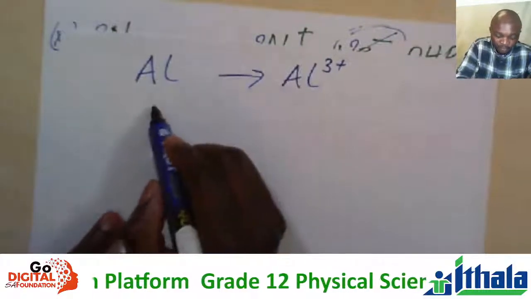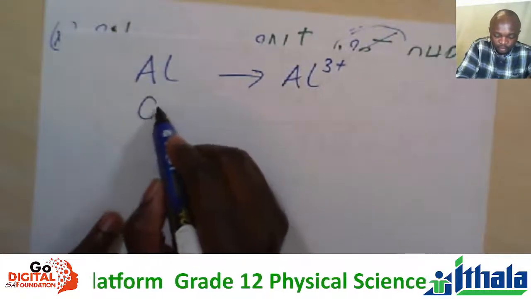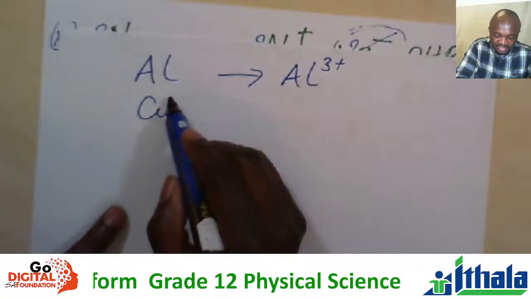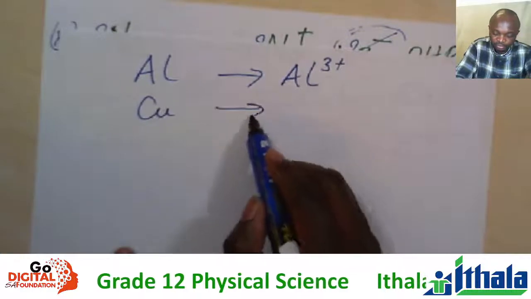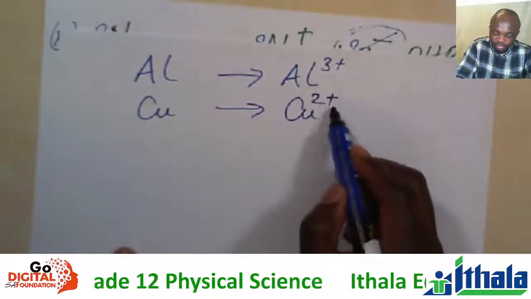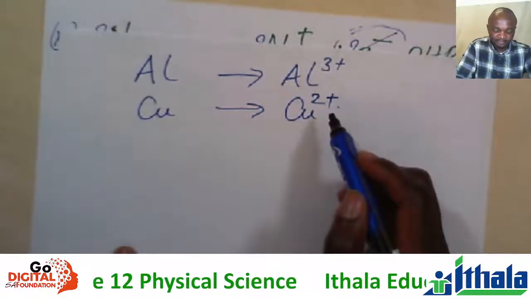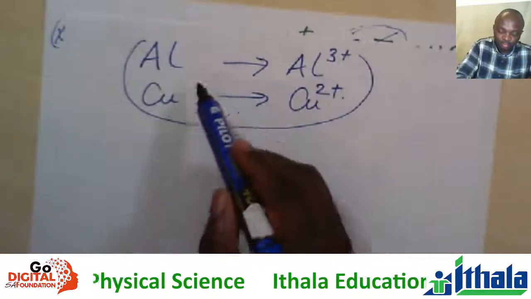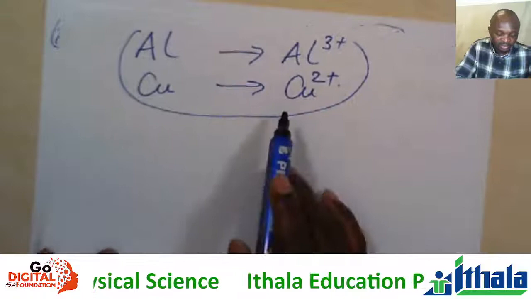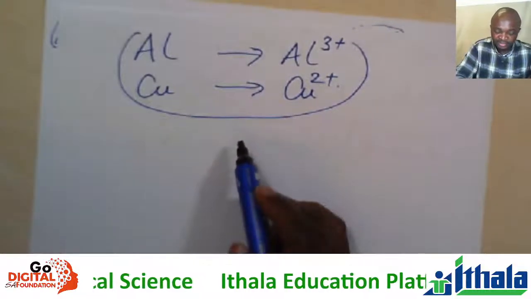Then copper starts as Cu and gives me Cu 2 plus. Right, when these two come together, aluminium will be oxidized, copper will be reduced.